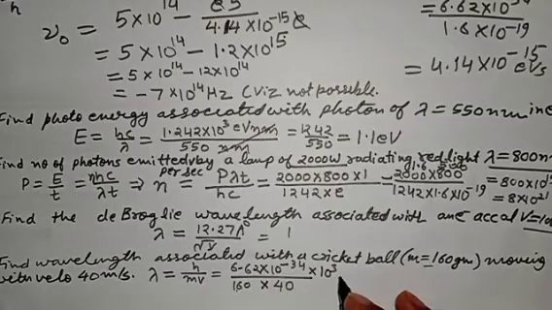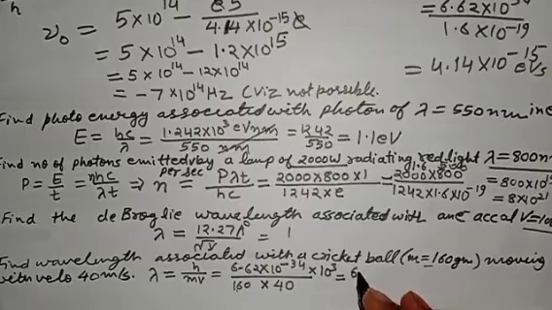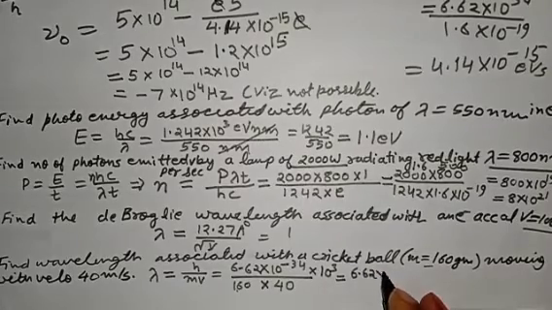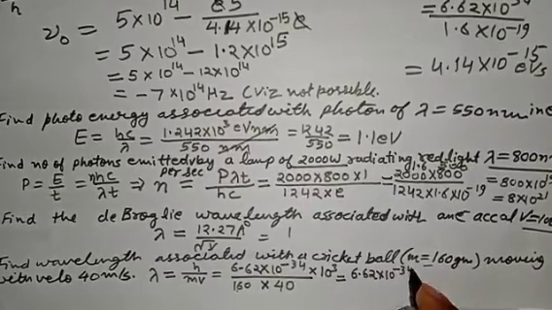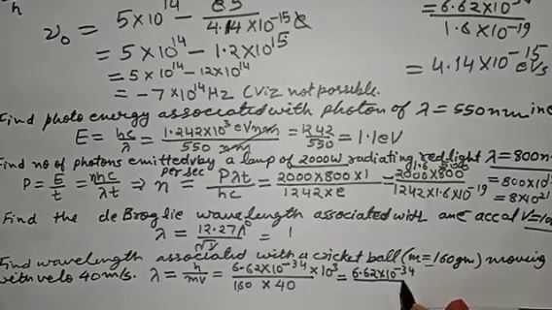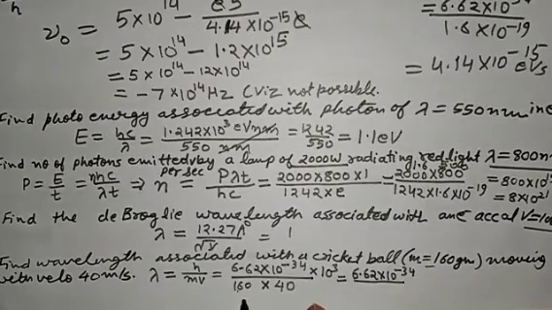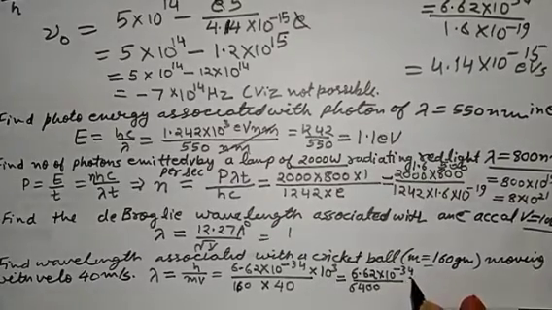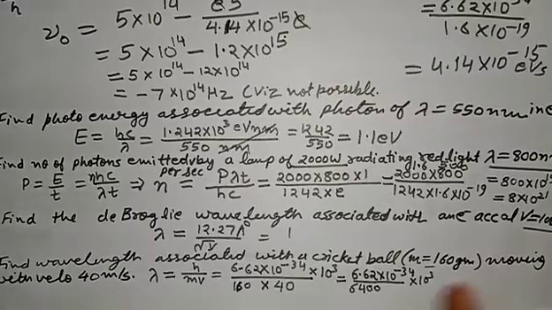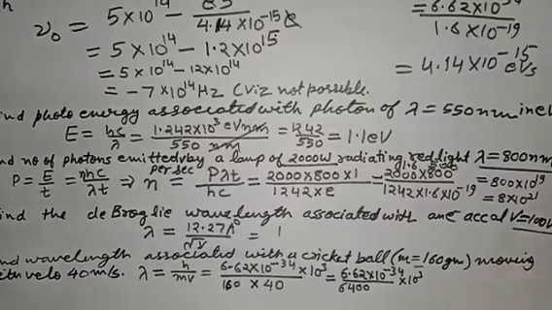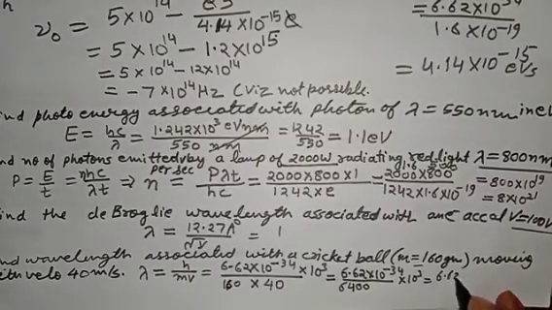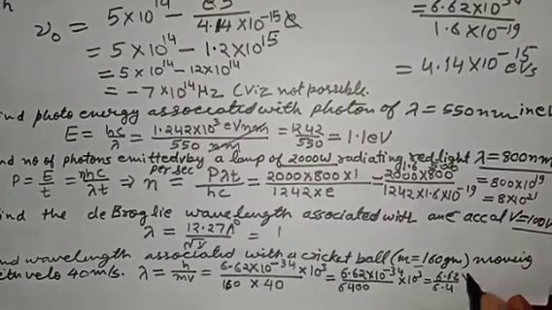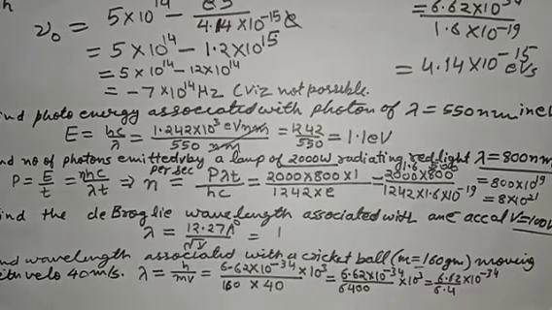So 6.62 into 10 to the power minus 34 upon, right now I'm not doing that, I'm just multiplying into 10 to the power 3. Now I can shift 3 decimal places here and I can cancel this. So it will be 6.62 upon 6.4 into 10 to the power minus 34.